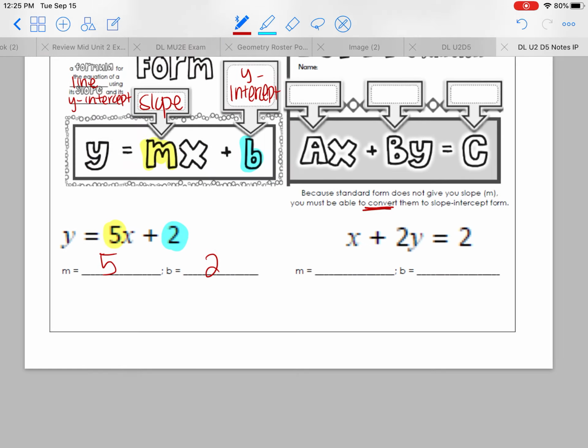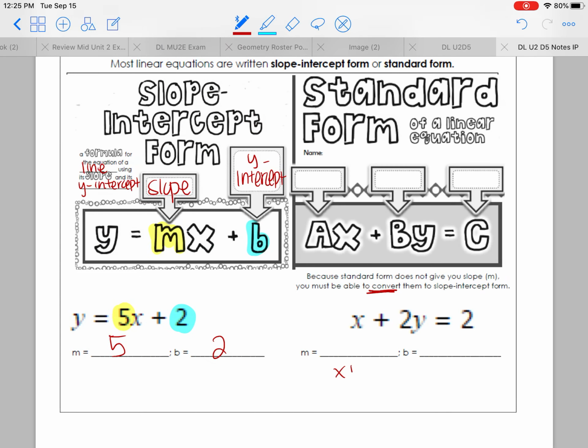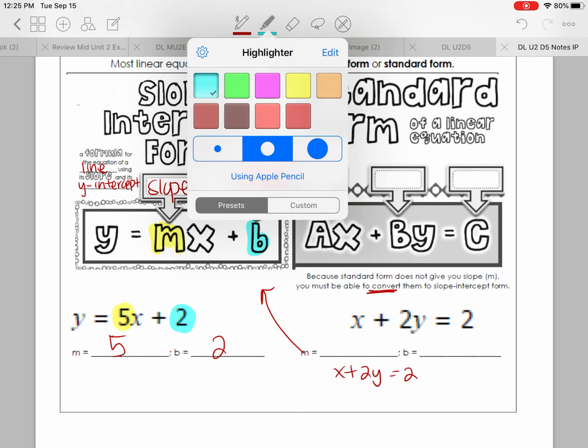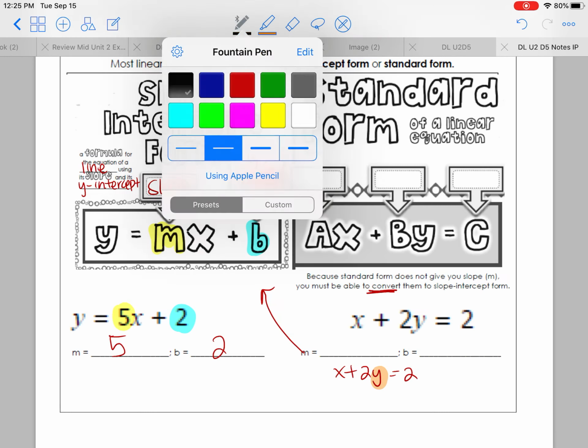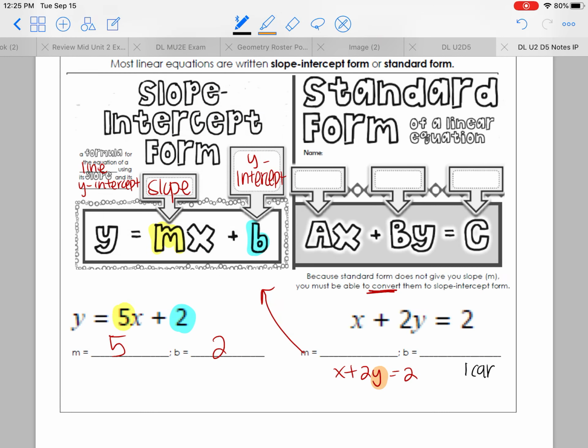Looking at this one, if we want to convert, this is x plus 2y equals 2. If we want this standard form to look like slope-intercept form, we need to solve for y. In order to solve for y, the first step is to cancel the x term.